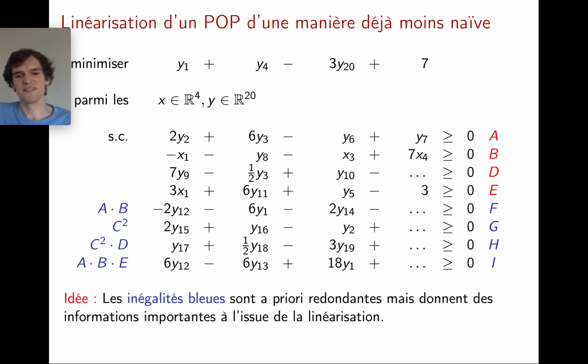This is what is being said here in French: while those constraints, the blue ones, were redundant in the non-convex formulation, they were useless, but they were valid, they were true. But now, after linearizing, they actually become really useful. They're not just redundant, they bring information to our lifted problem.